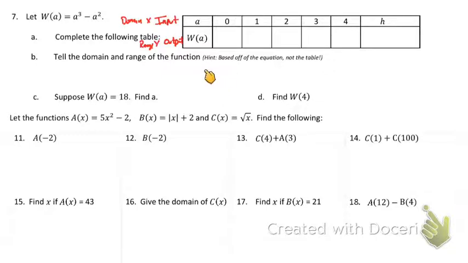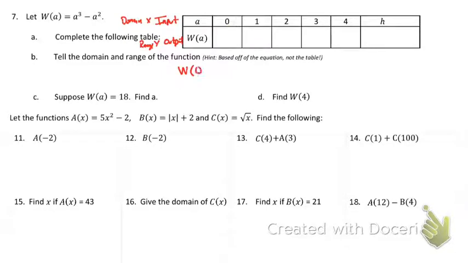All right. So what we're going to do is take every single one of these inputs and plug it into our A values, do the math, and then put our answer here. The first one we're going to do, and I'm going to do the work down here, is the function W, and I'm not plugging in A, I'm plugging in 0.